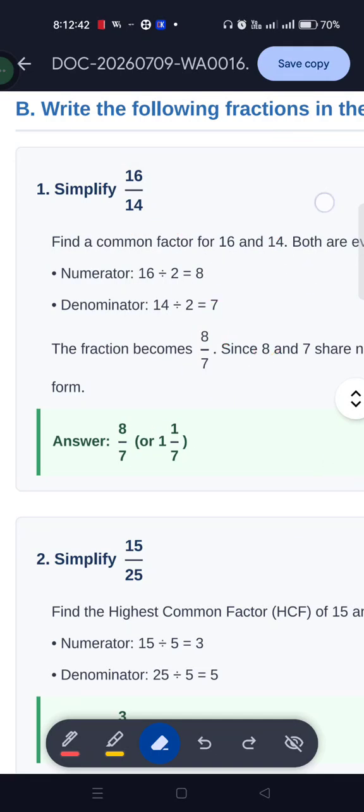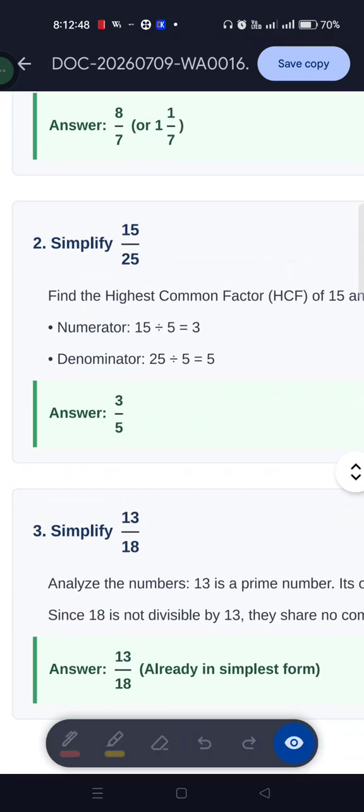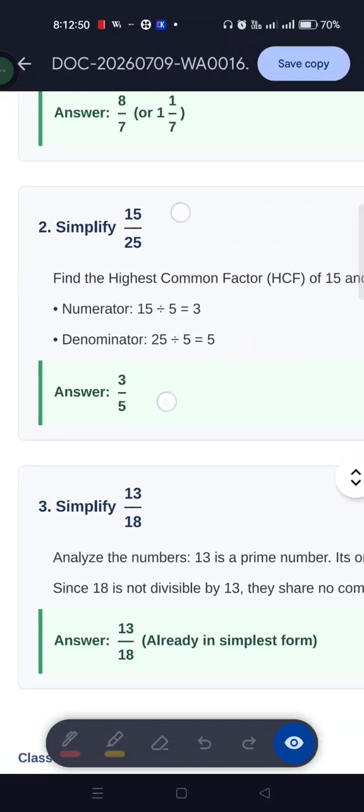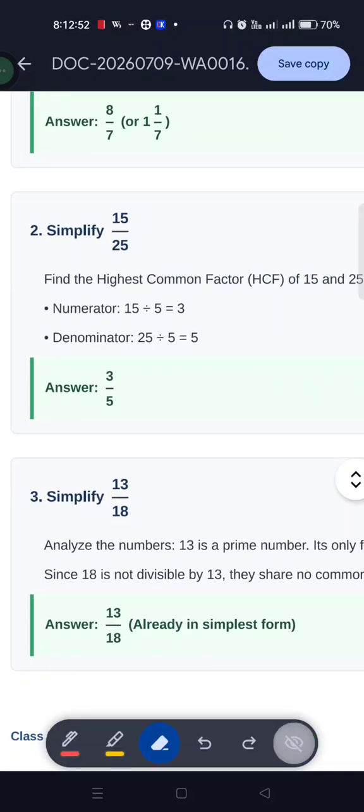So I hope that this question is clear. Now the second question is 15 upon 25. In 15 upon 25 you can see that both the numbers, numerator and denominator, you can cut by 5.